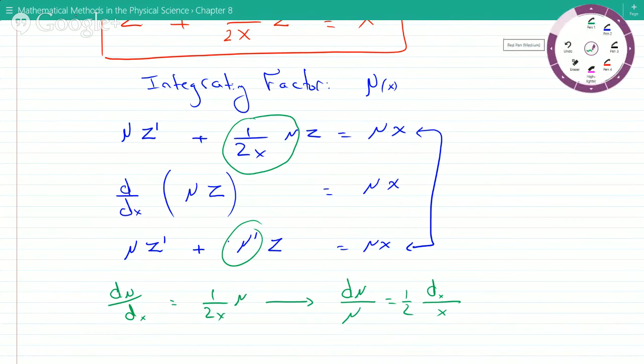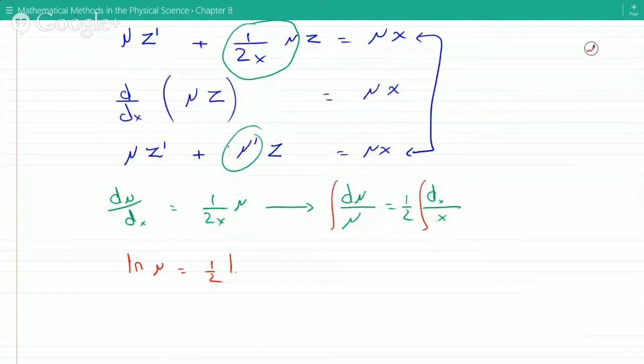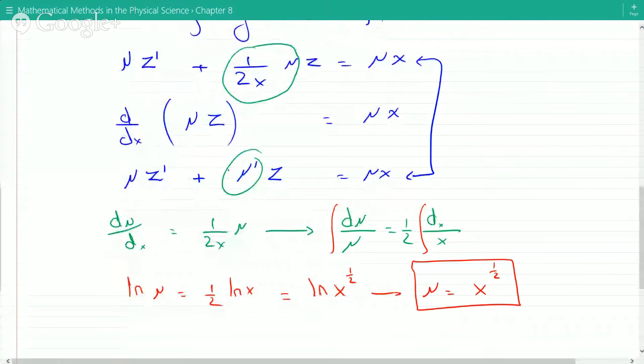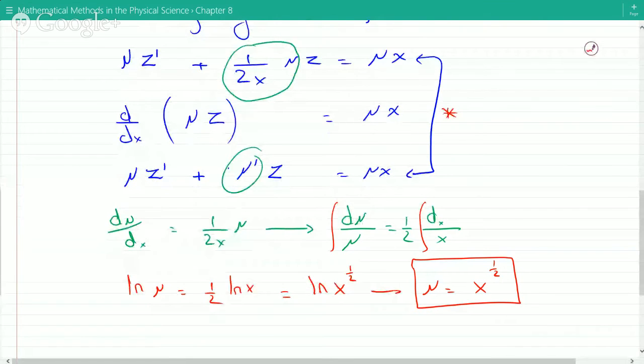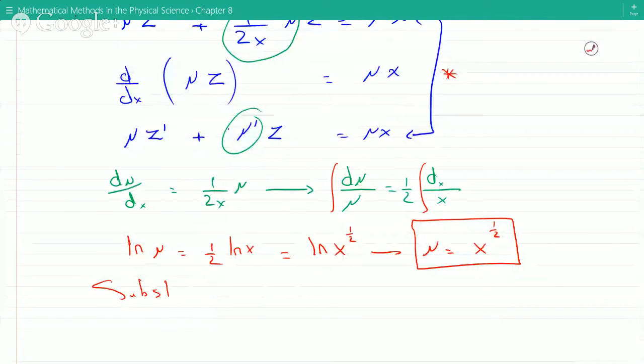And then if we integrate both sides, we would get ln mu equals 1/2 ln x, which is the same thing as ln x to the half, meaning mu is equal to x to the half. Bingo. So we found the integrating factor. So we take this integrating factor and we put it back in star. So substitute in star.